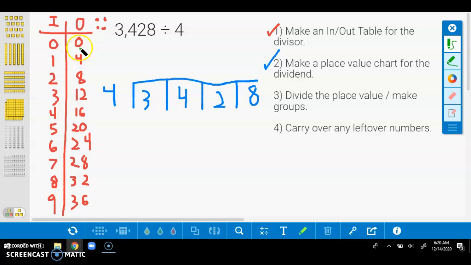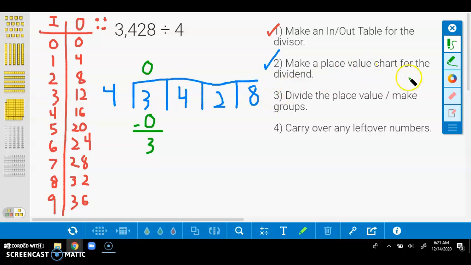So the most I can make is 0 groups, using 0 of my dividend, which would leave me with 3. Okay, so I've used 0 groups, take away 0 of my thousands, which leaves me with 3.